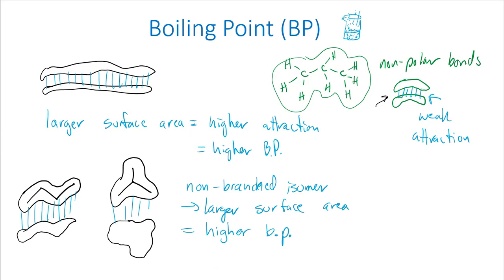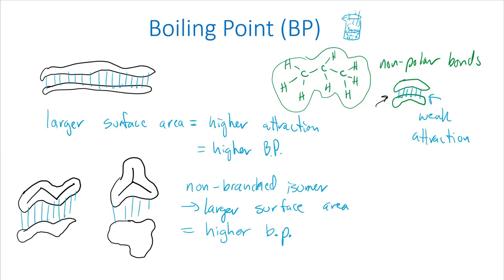Now note that when we compare this to heat of combustion, it's like ice cream and shark attacks. We eat more ice cream in the summer, and we're more likely to be attacked by sharks in the summer. This does not mean that eating ice cream will cause you to be attacked by a shark. It just means that both of those things depend on a common factor, namely the fact that it's hotter outside in the summer.